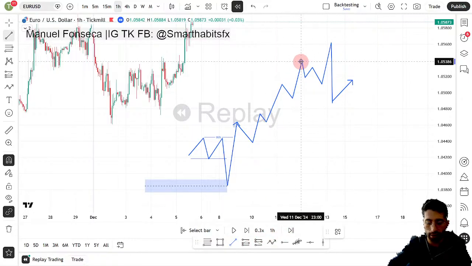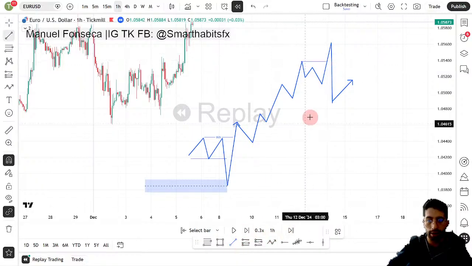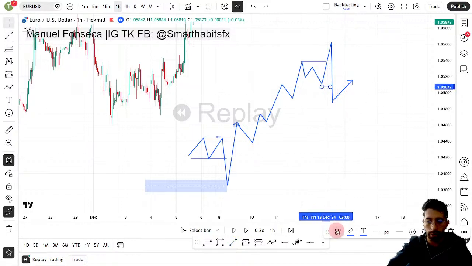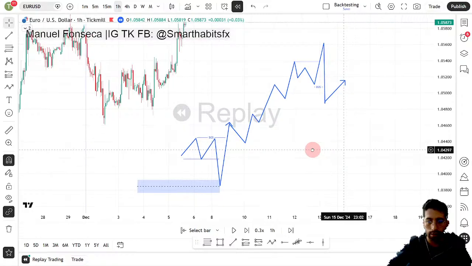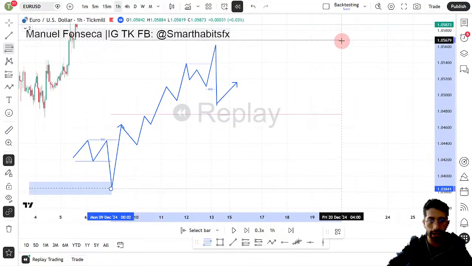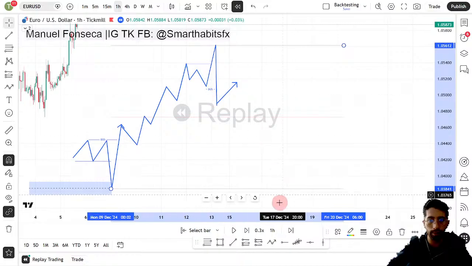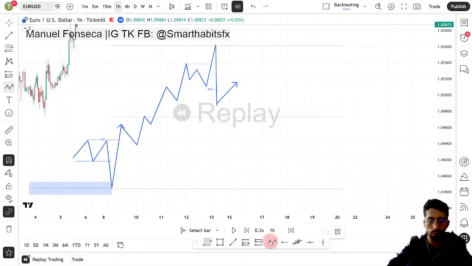So we have now a liquidity taken here, right? And after this, we have a break of structure here above. Once we get this, we can say that we have a full range, or a full impulse ended, and it means that we have a canvas to work with. Now we can expect from this point upwards the price to do two things.